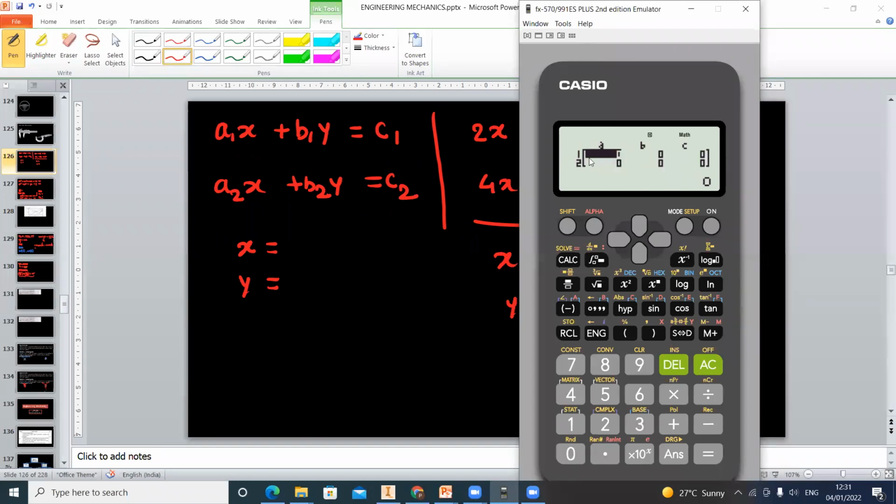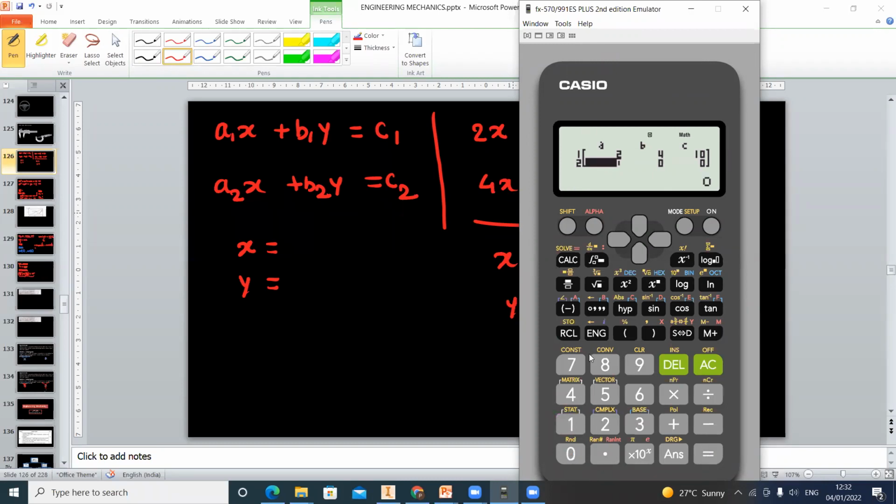So your first equation is a1x plus b1y equal to c1. The a1 value here is 2, press equal to, then the b1 value, which is 4, and c is the constant value on the right side, so suppose it is 10.